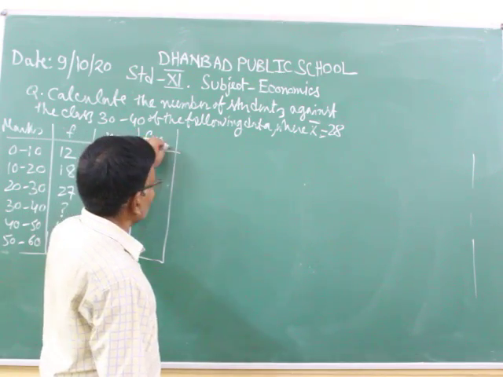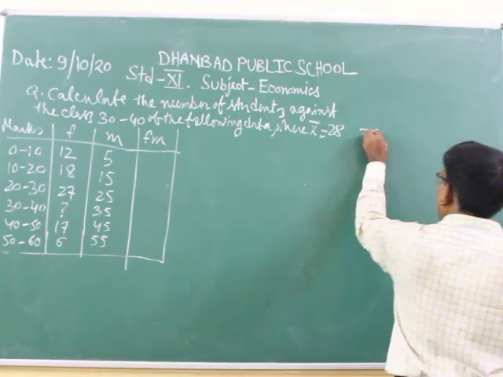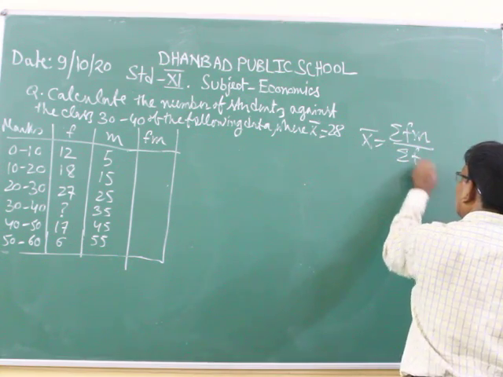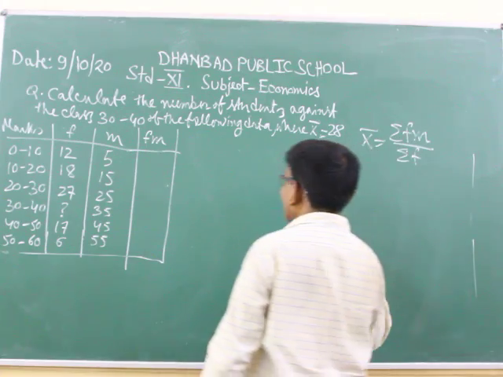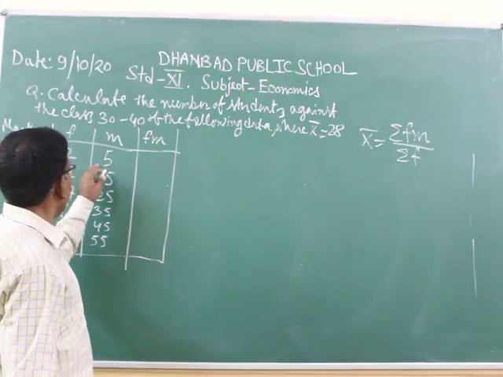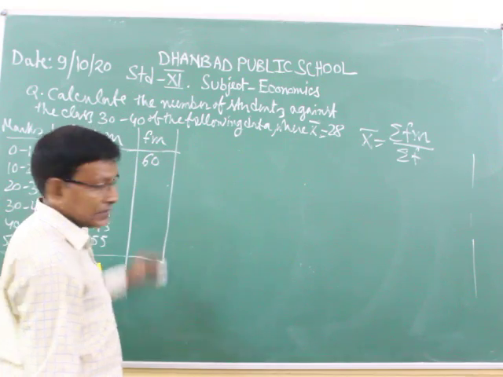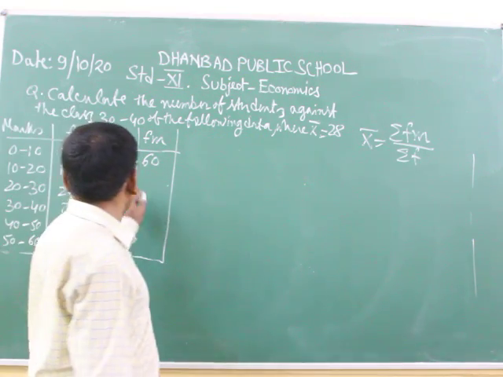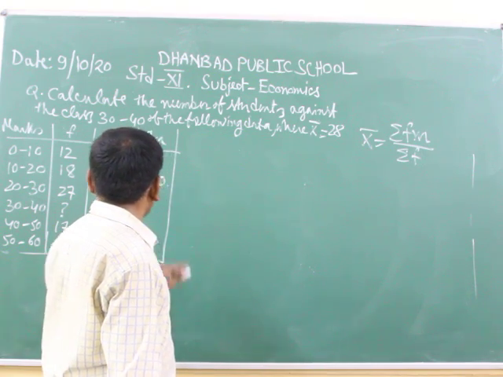And finally what to do? We are going to apply the formula of the direct method, sigma fm by sigma f. 5 12s are 60. Next one, 18 15s are 270.